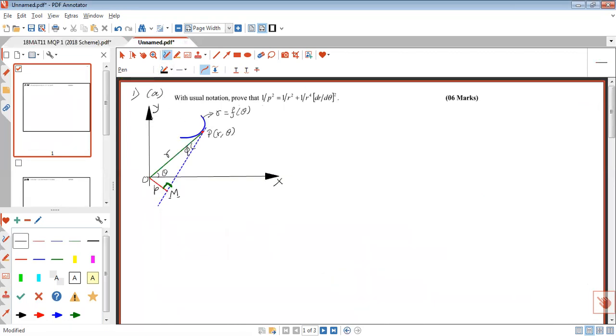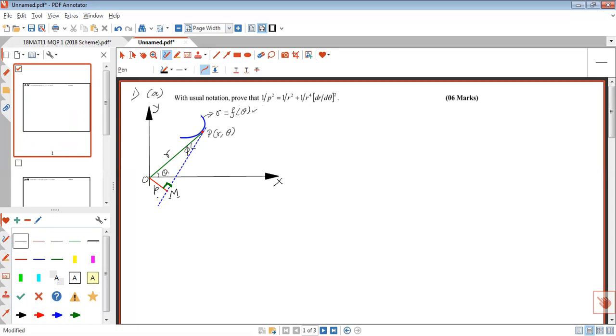Here, first draw the x-axis and the y-axis, and consider a curve r equal to f of theta. Now the point P of x comma y, I will take it as P of r comma theta in polar form. Here r is the radius vector, that is OP, and theta is the polar angle, that is the angle between the radius vector and the initial line.